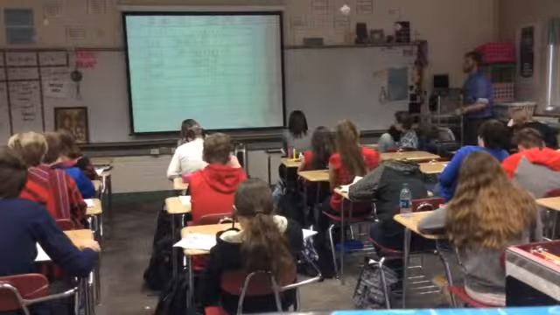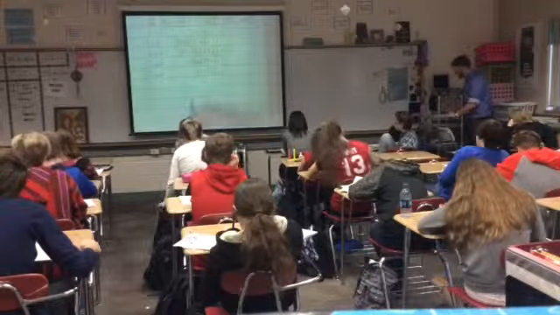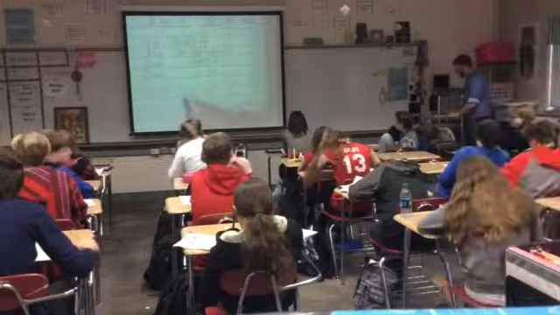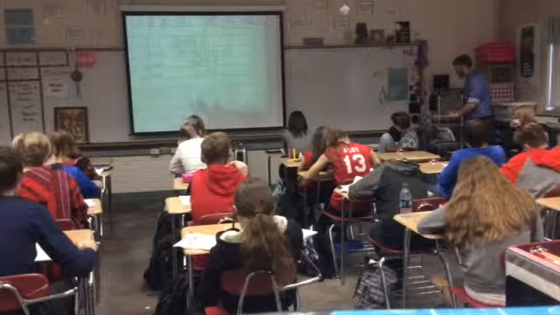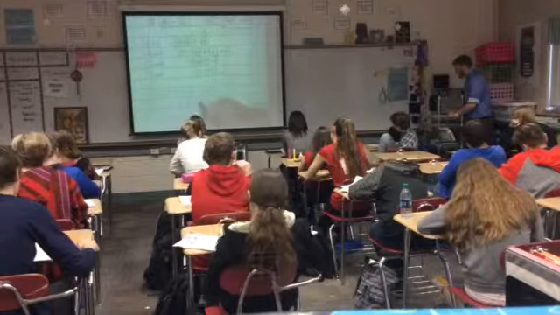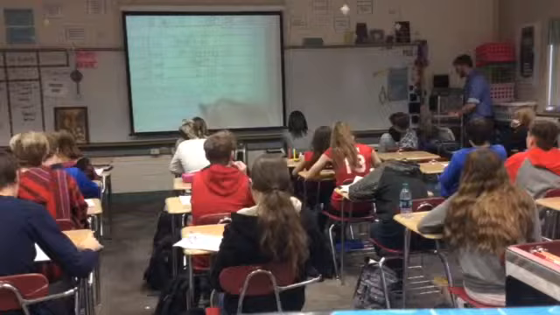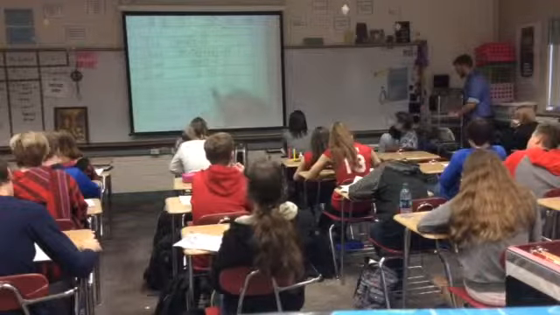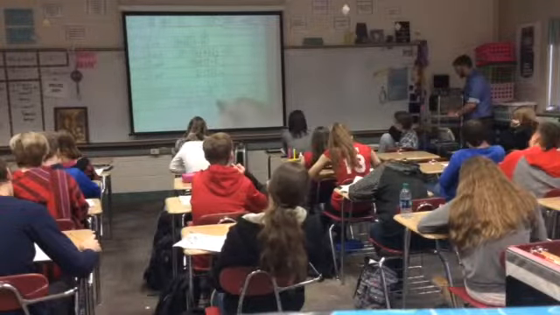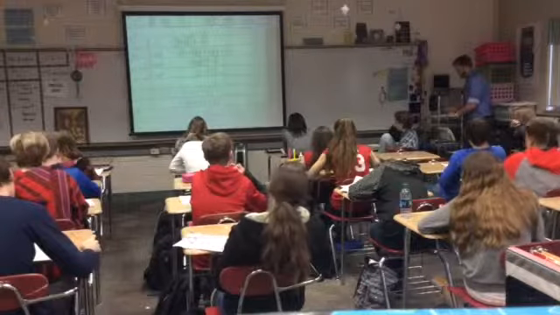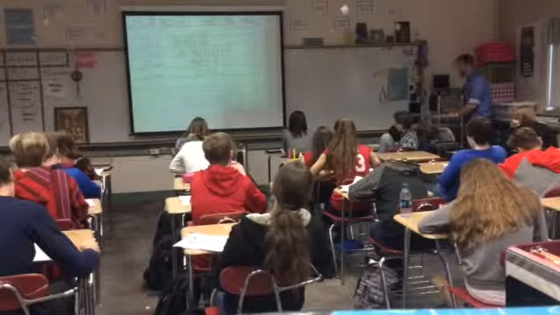So now we can FOIL. First times first is 81. Our outside is 9 times the square root of 2, 9 square root of 2. Inside, 9 times the square root of 2, 9 square root of 2.